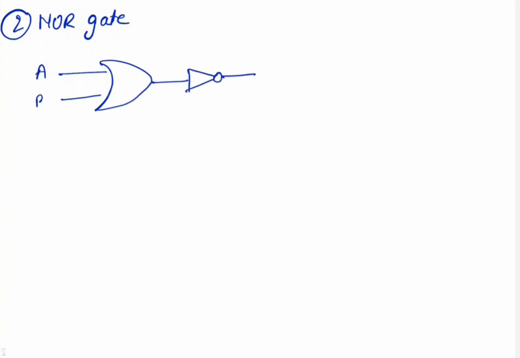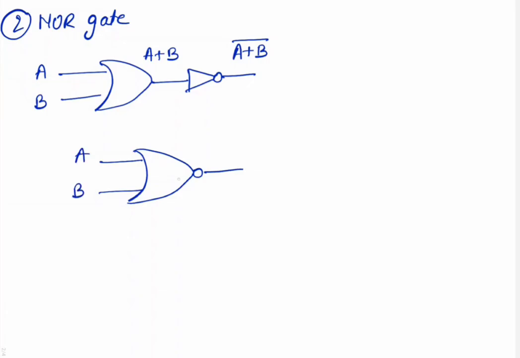So this is A, B. Here the output would be A plus B, but the final output would be A plus B the whole bar. And the symbol is again similar to NAND. We have OR and then a bubble to it. So the output would be A plus B the whole bar.